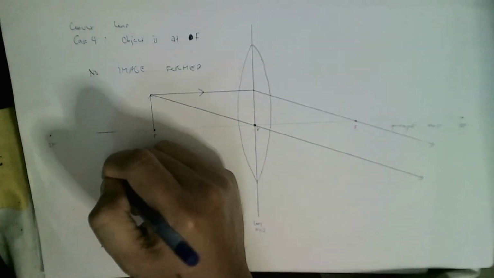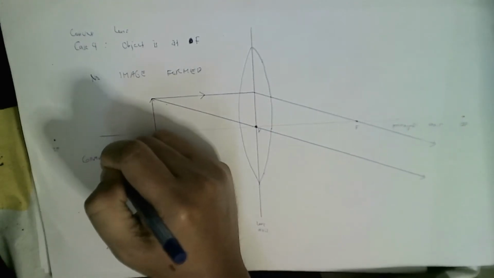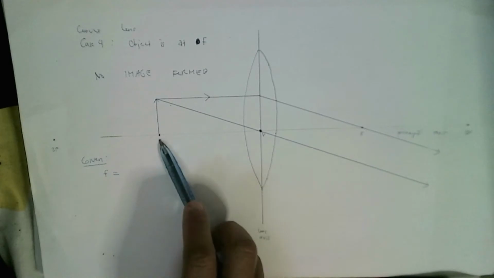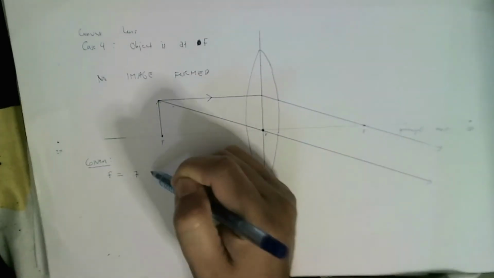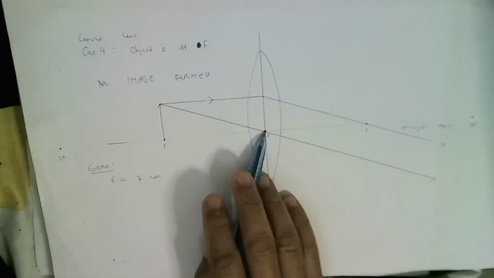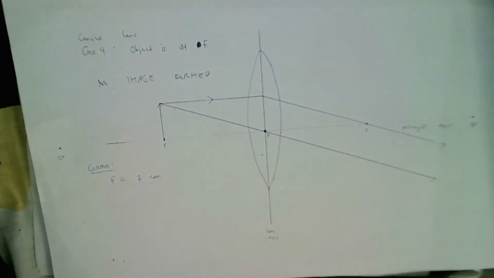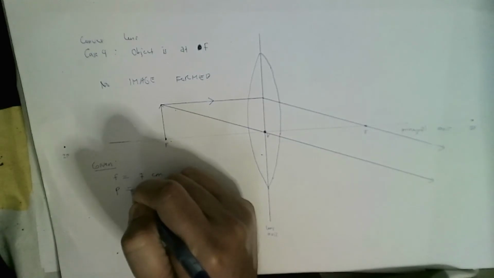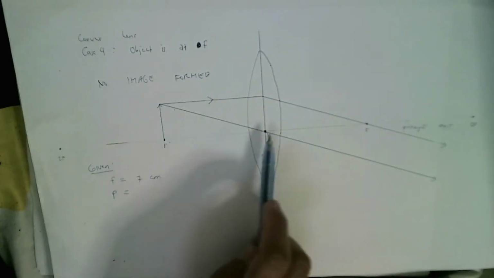We knew, for example, the focal length. So these are considered to be given. We knew the focal length because we measured it from here to here. If you remember, it was 7 centimeters from the vertex to the focus. And then now we know the object distance. P is object distance, so how far the object is from the vertex.